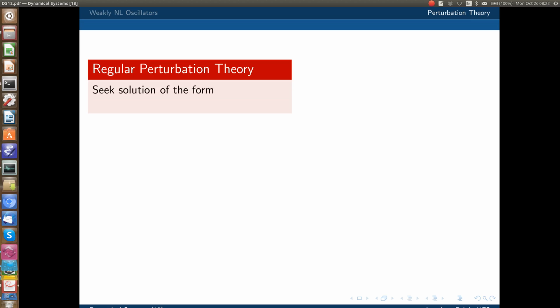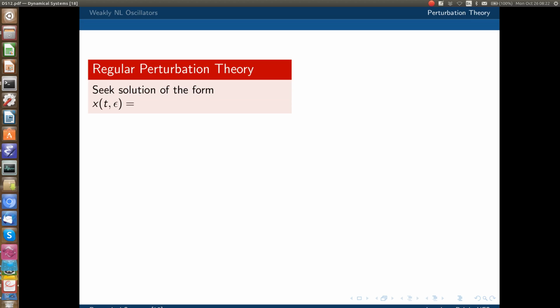So just the definition of perturbation theory to start is that we basically seek a solution where x is a function of t and epsilon, and we force it to have a certain form. And this is important because in later techniques we're going to force it to have a different form. So the assumption you make at your beginning of perturbation theory actually influences what you can do with it.